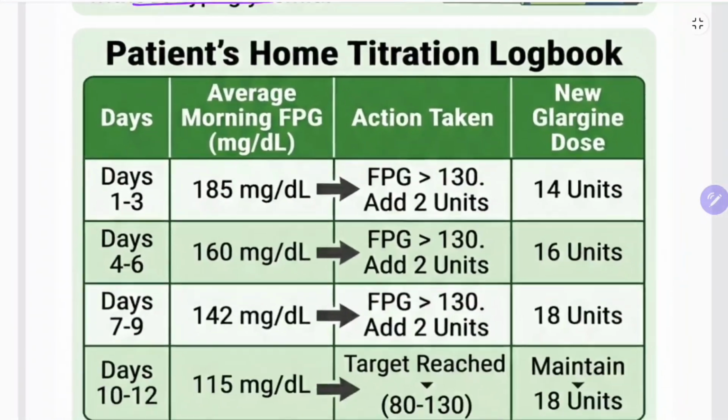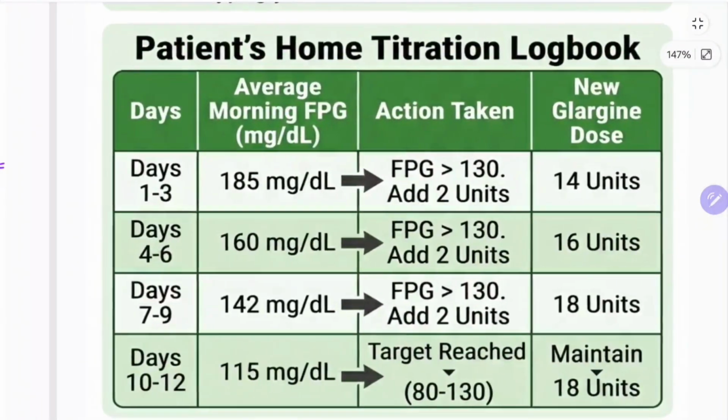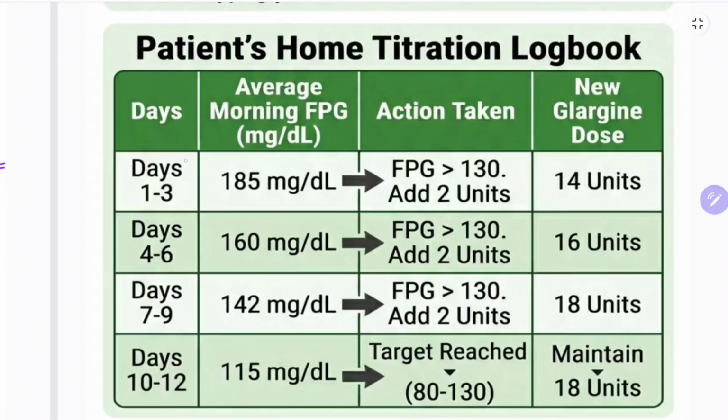We have given this information to the patient and the patient is titrating. On days 1 to 3, the patient's FPG was 185, so the patient increased the dose by 2 units. Now the dose is 14; initially he started 12. On day 4 he again measured the FPG and it was 160, so he increased by 2 units and the dose became 16 units.